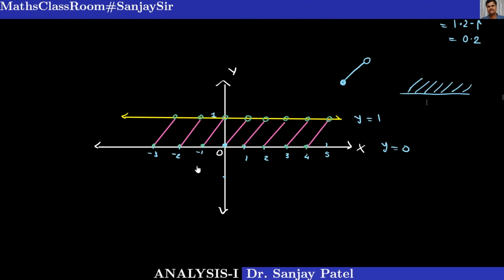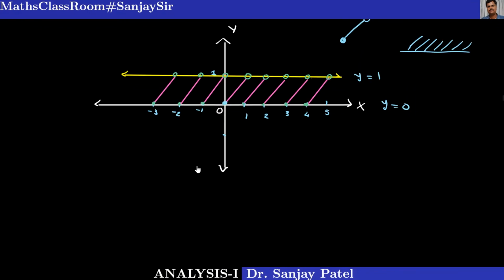And again from the graph, you will immediately understand that there is a break at every integer. Say at 1, the function goes from 0 up to this point, and at 1 we have a break. At 2 also we have a break. At every integer the function has a break.